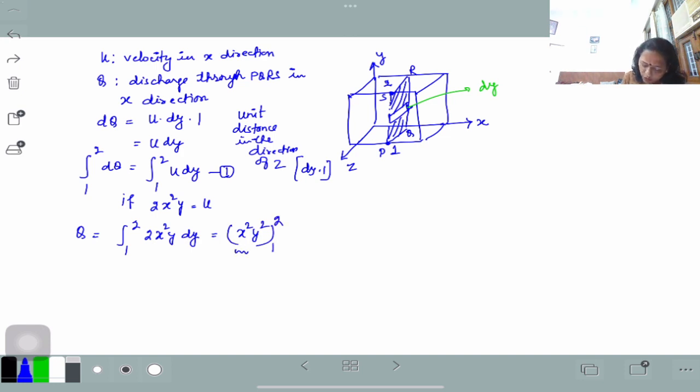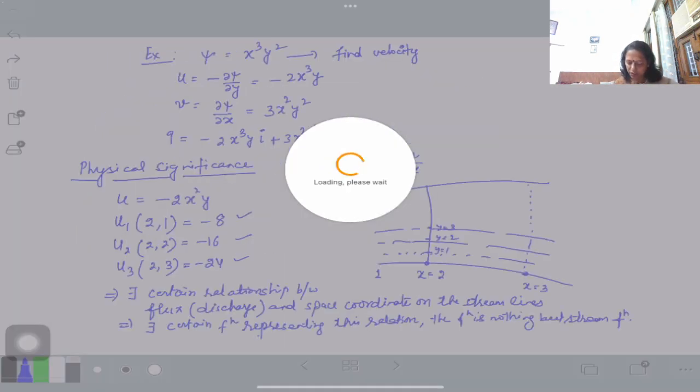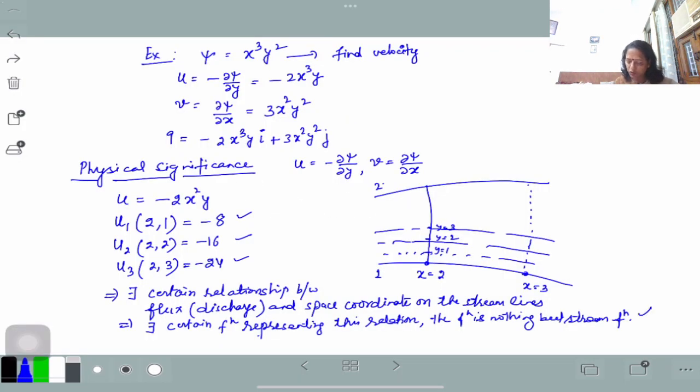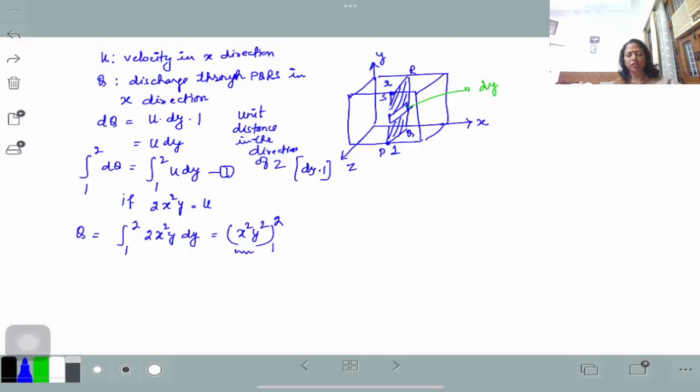Now what is this x square y square? This x square y square is the function which I have introduced, that there should exist a function giving you the relation between the flux and the value of stream functions, right? This is flux, and this is the difference of value of some function. What is that function? Let psi be equal to x square y square.